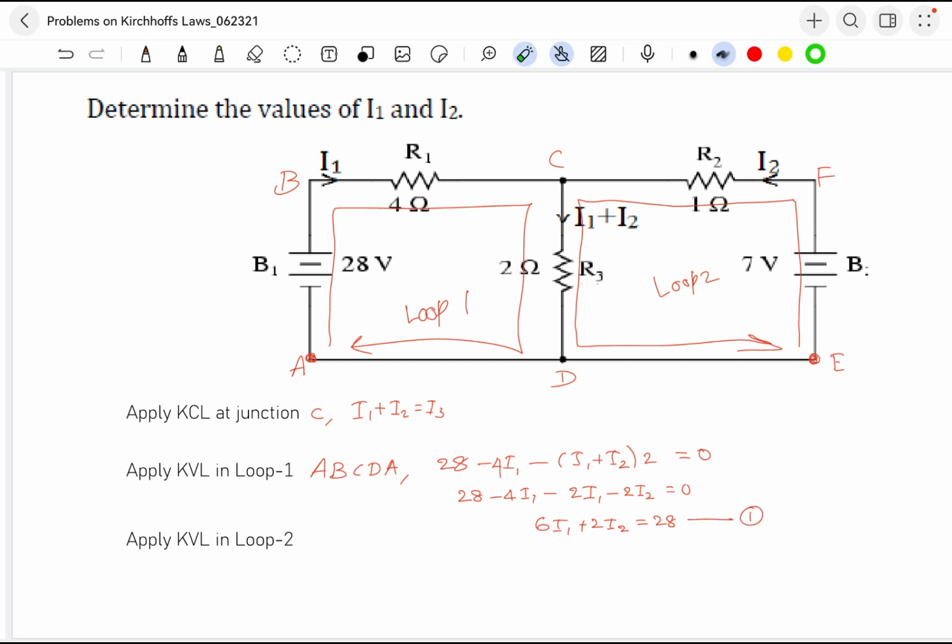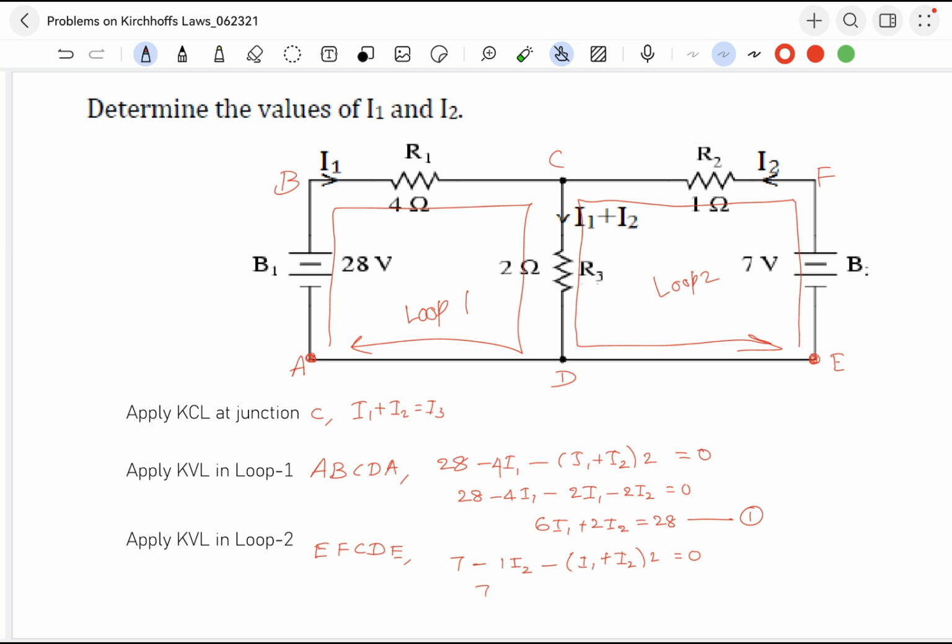Now let's use loop 2, E to F. Starting from E, F, C, D and back to E. E to F, what is happening? Voltage rise 7. Then F to C, current in the same direction in the resistor, so voltage drop: minus 1 times I2, minus again I1 plus I2 multiplied by 2, equal to 0.